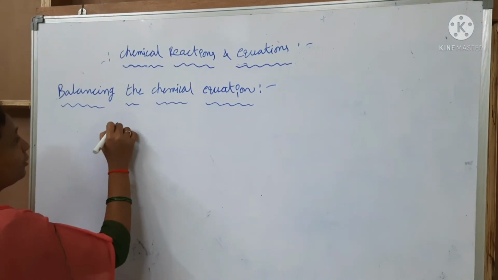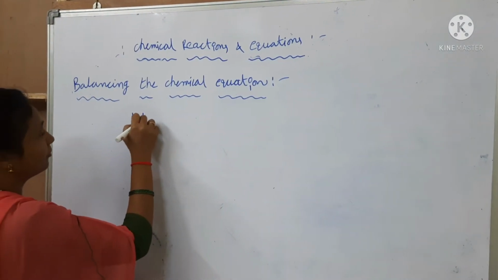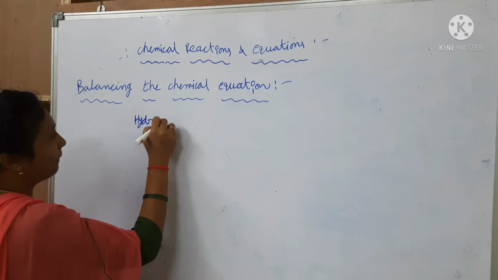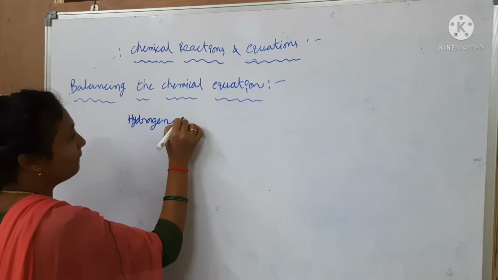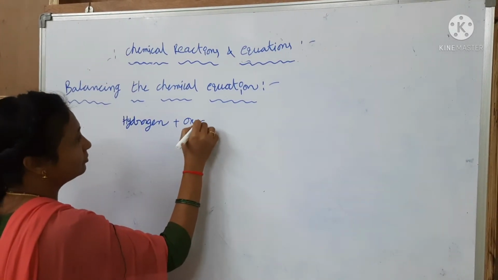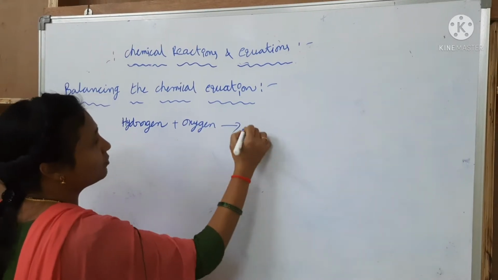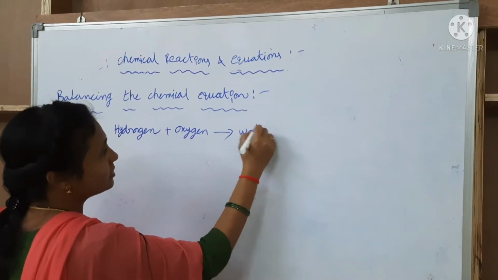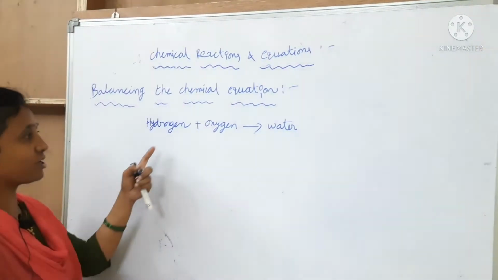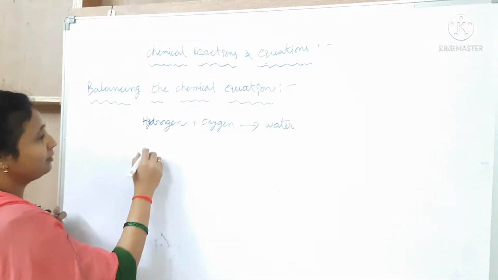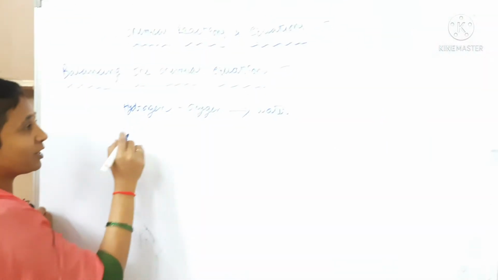Hydrogen plus oxygen gives water. This is the word equation of the chemical equation. Next, I am taking the shortest chemical form.